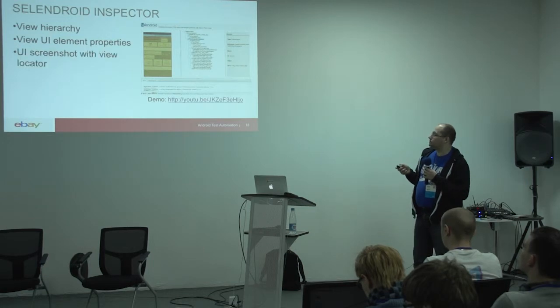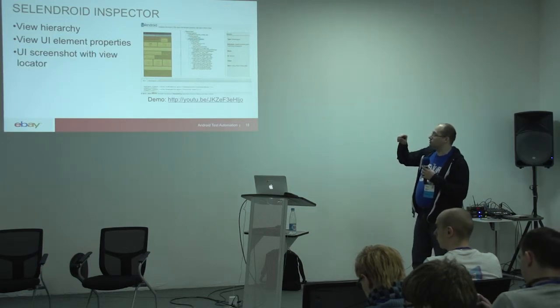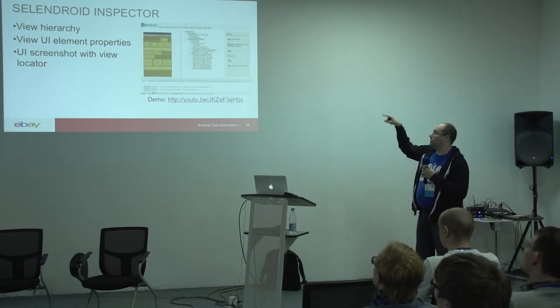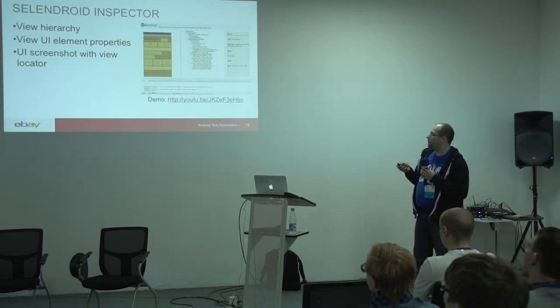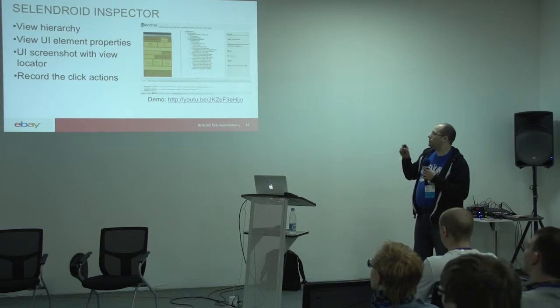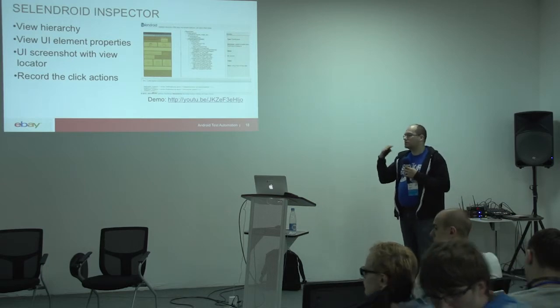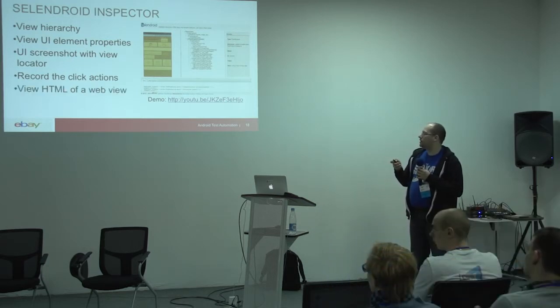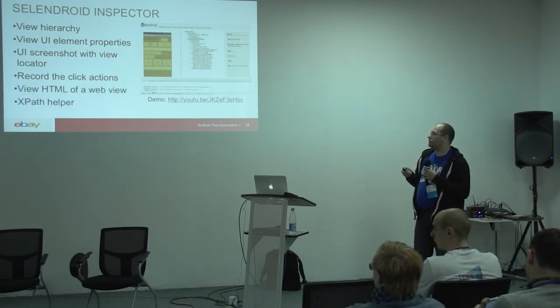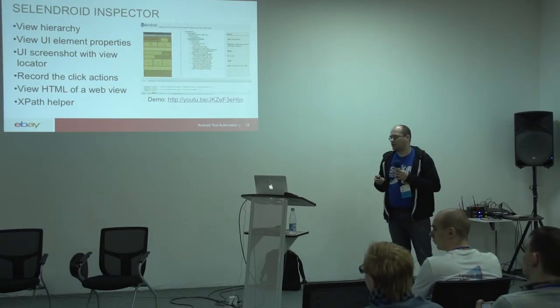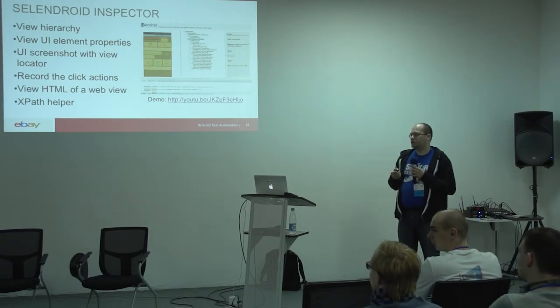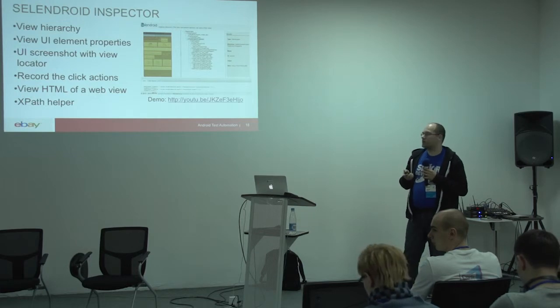You can also hover over the elements on the screenshot, and automatically in the tree the right element is selected. And if you click on a button, for example, then automatically the actions are recorded. You can also view the HTML of the web view. And there's a built-in XPath helper to help you build your XPath expressions.